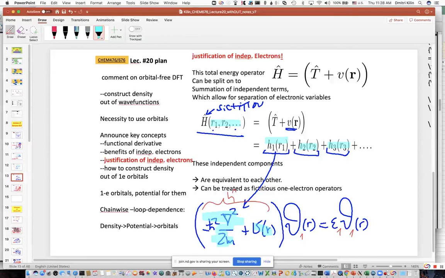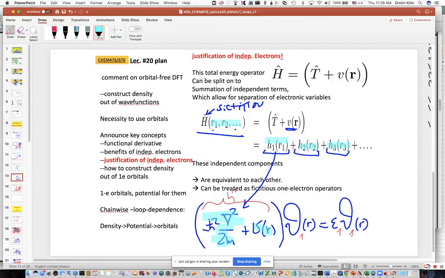Interactions with other electrons are hidden in the transition between the auxiliary world and the real world. Then this lowercase h acts on theta, which in books is typically used for the Kohn-Sham orbital, the one electron orbital, and equals the energy of the orbital times the orbital itself.